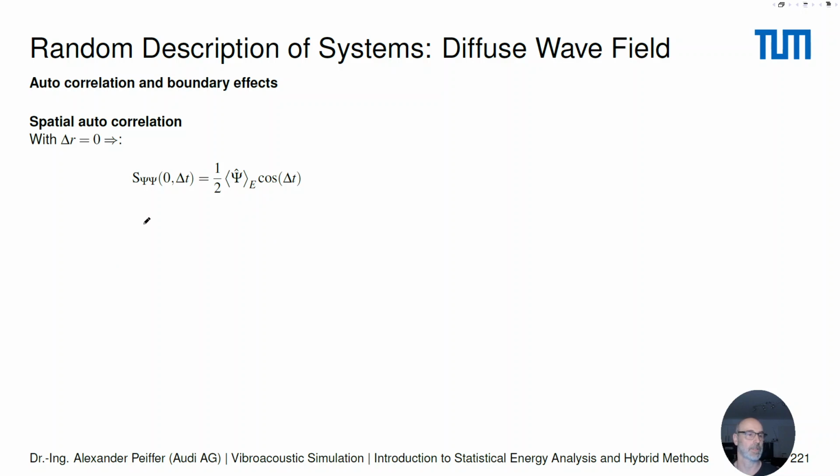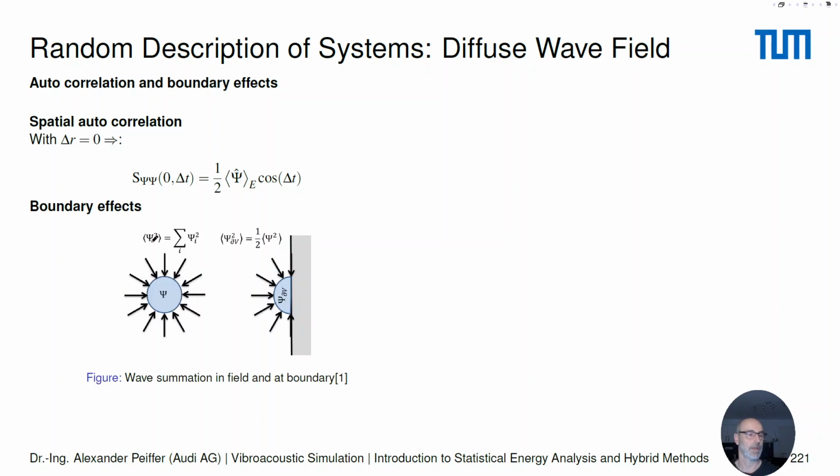And this is obviously the half of it, the root mean square value, but we still have the time correlation. Just imagine that we have the situation somewhere in the field. We are summing everything up, and this gives us the average of our wave field, which is the root of the mean square.